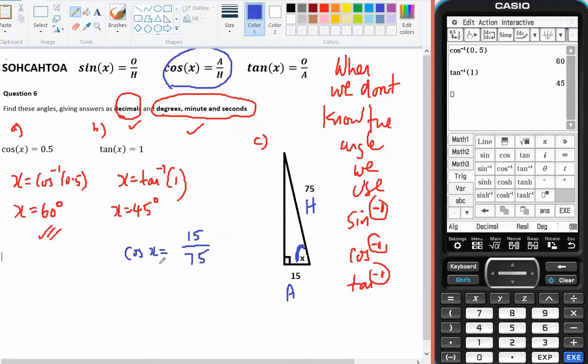Since I don't know the angle, the next step will be the angle will equal the inverse cosine of 15 on 75.